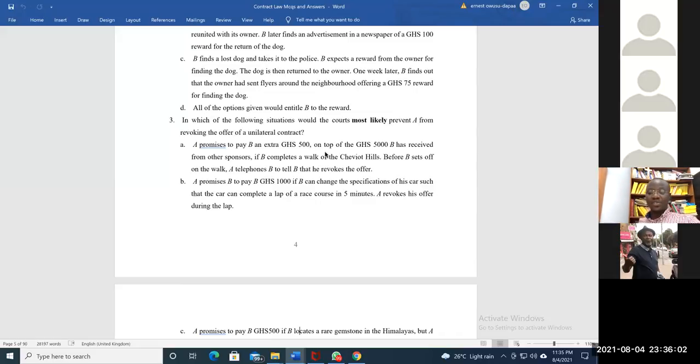Not to say that the US is not a common law jurisdiction, but as we know, the US has what they call the Restatement of the Law of Contract, the Uniform Code, and all that. So their principles are somewhat more standardized, but we still follow the traditional English common law.